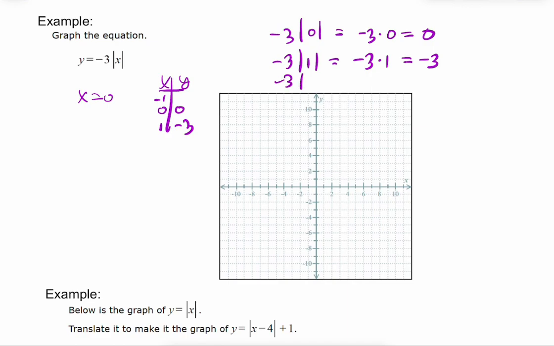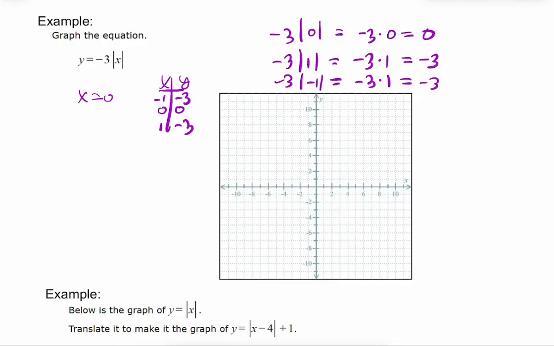Well, -3 times the absolute value of -1, you do the absolute value first. Then even if it's a negative on the outside, who cares? It's just a negative now times a positive, which is -3 again. If you chose the correct vertex, center, pointy point, these two should always match. If they don't match, either you did the algebra wrong or you have the wrong center.